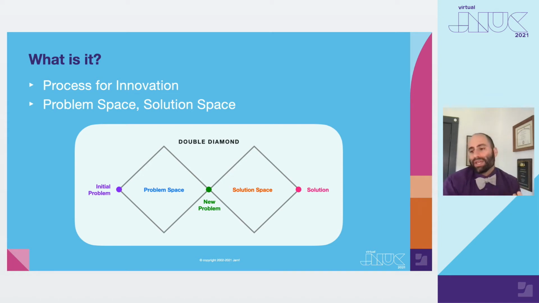It is a way to create new things. You typically start with a problem. In any situation in life, when you're trying to design something, you're usually starting with a problem. With human-centered design, however, you don't say, I have this problem, let's solve it. Looking at this diagram here, you start with the initial problem, and then you explore this problem space.